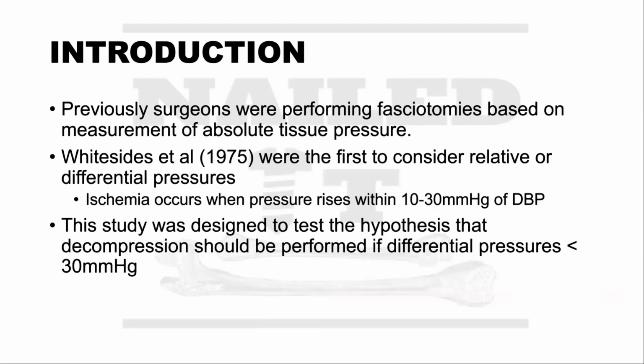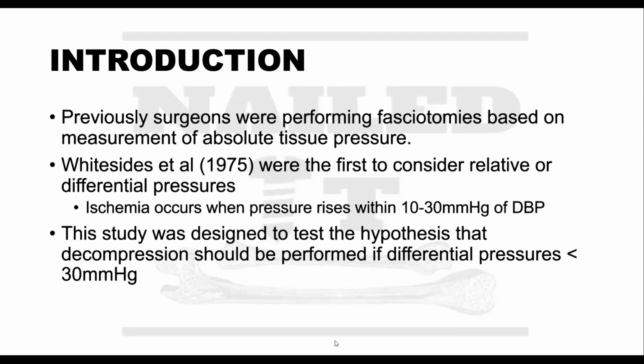Previously, surgeons were performing fasciotomies based on measurements of absolute compartment pressure in the tissues. Some surgeons would use a compartment value of 30 millimeters of mercury, some would use 40, some 45.